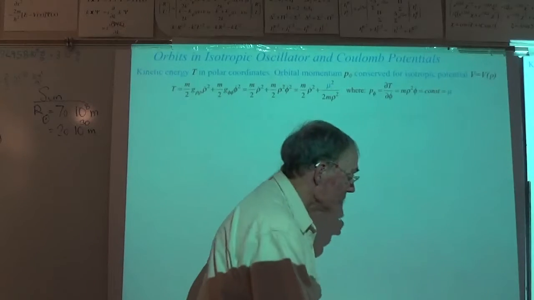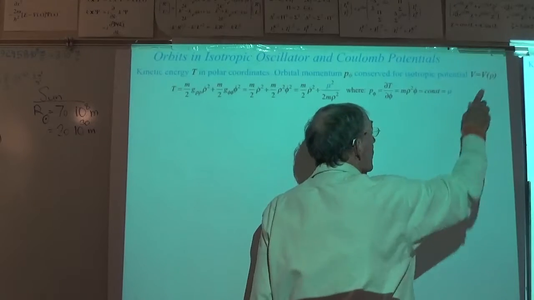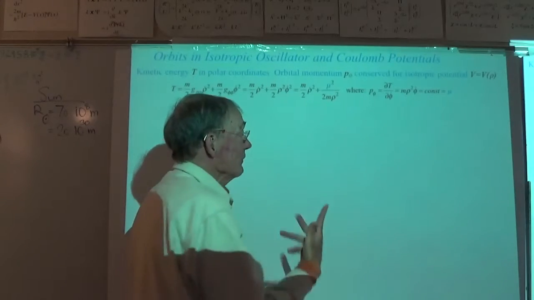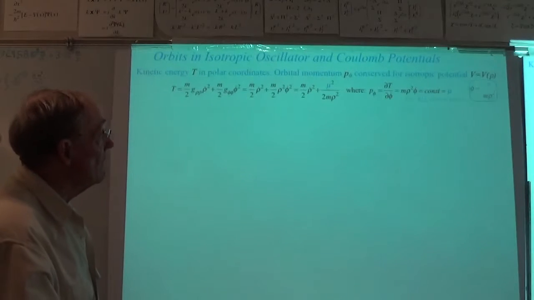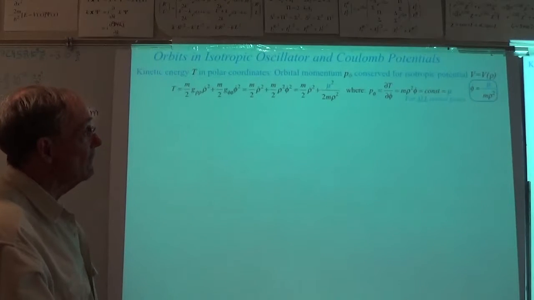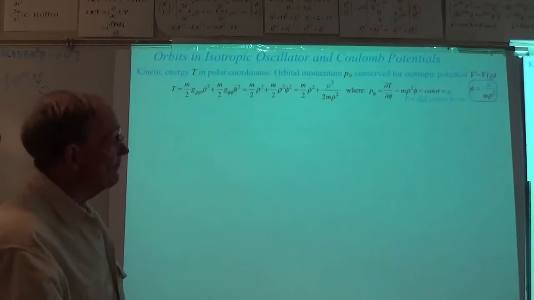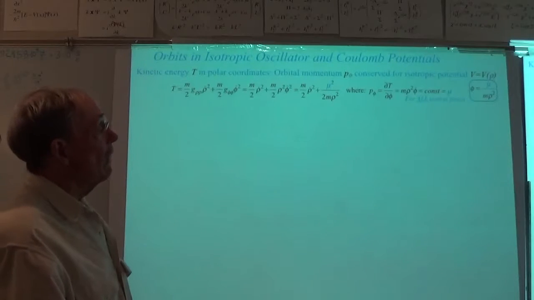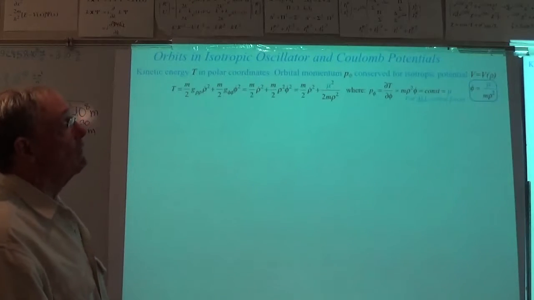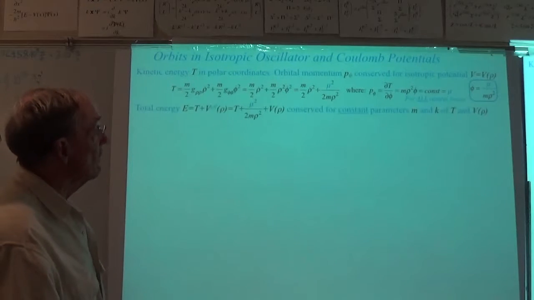And you can do some really interesting mechanics with other things than the oscillator and the Coulomb, but they're sort of at the opposite ends of a set of possibilities. So at this point, we're talking about a mathematics that would work for all central forces, that is, all isotropic things that are only functions of the radius and not of the two polar angles.